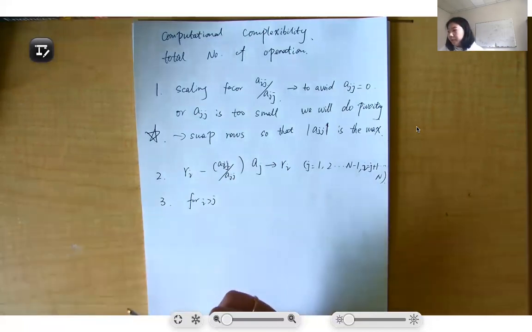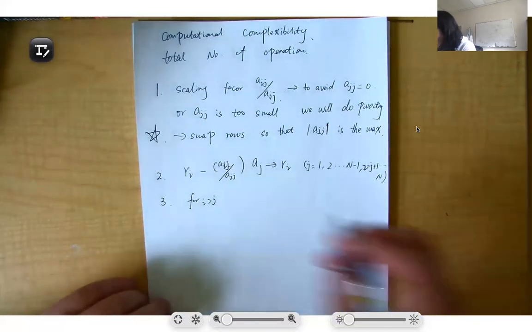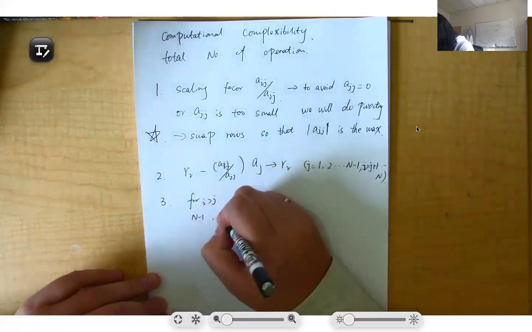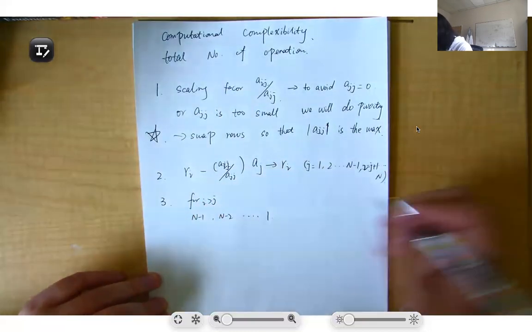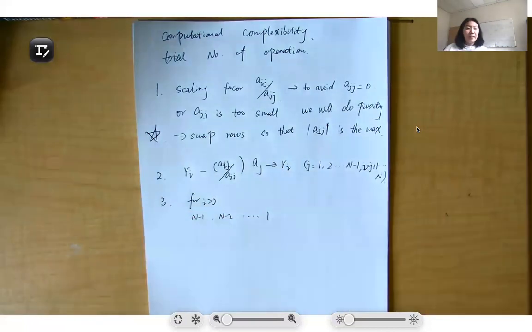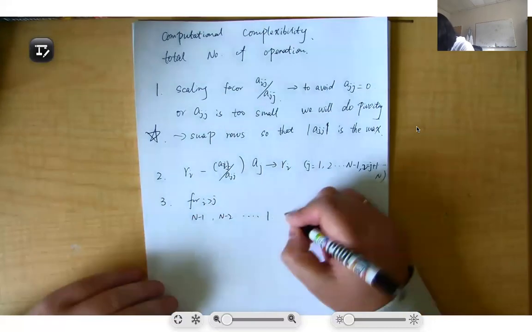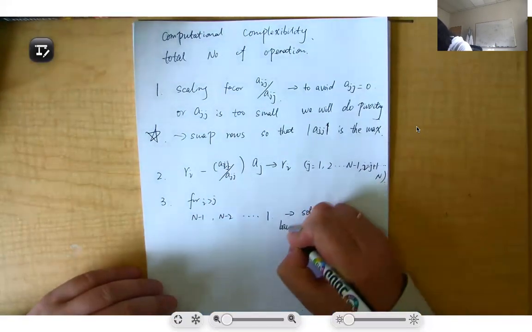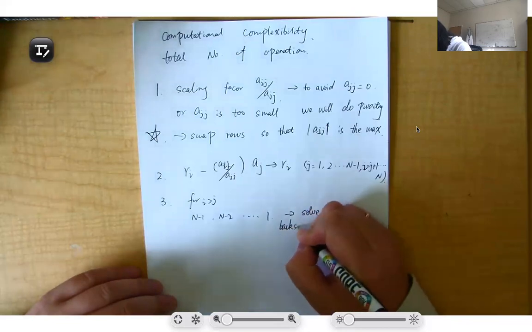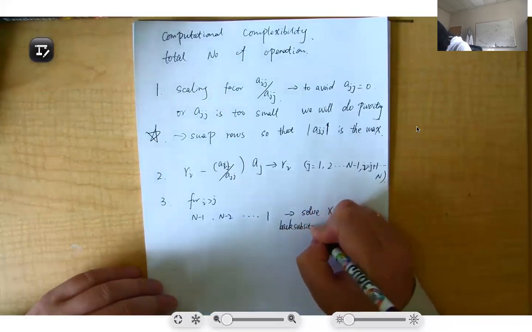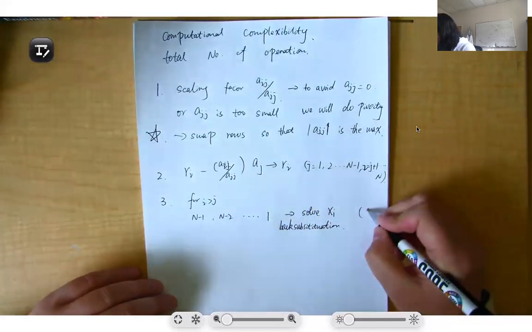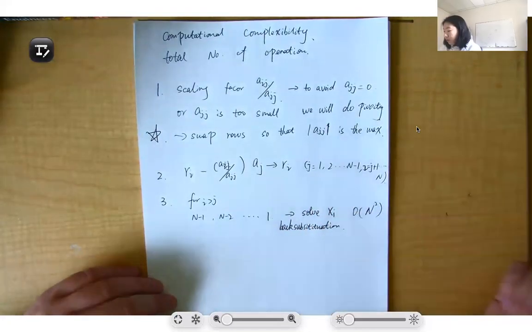After that, we do the back substitution, going from n minus 1, n minus 2, until the first row, using the xi term to solve for xi using back substitution. And that is the order of n squared.